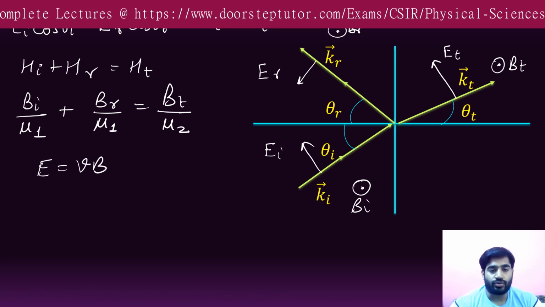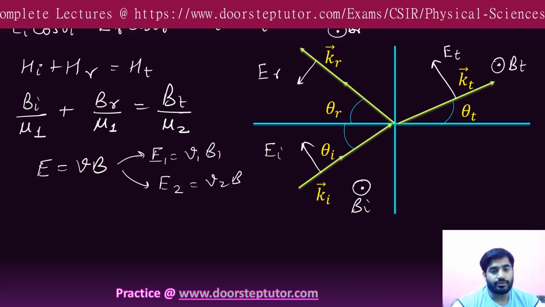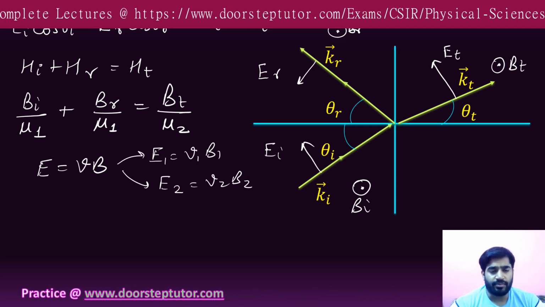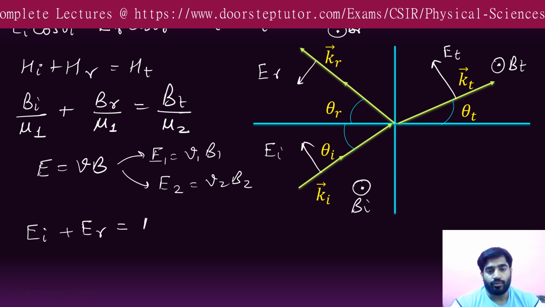And if I do so, then we have two cases, that E1 must be equal to B1 and E2 must be equal to B2. So if I do this, in terms of E, this is EI plus ER must be equal to mu1 B1 over mu2 B2 into ET.